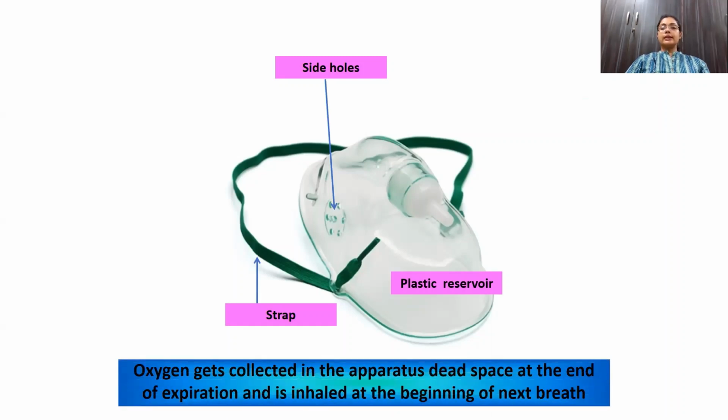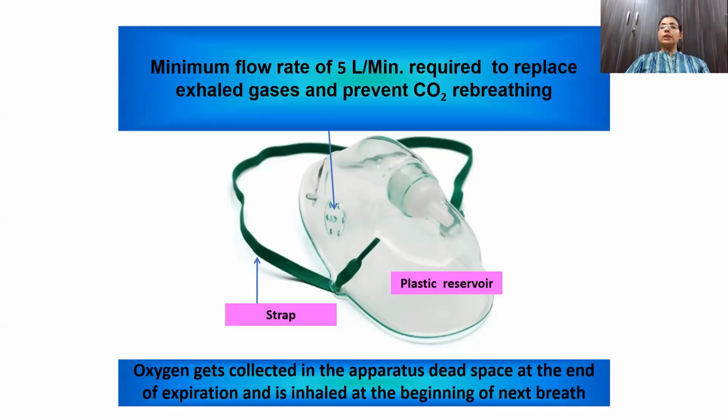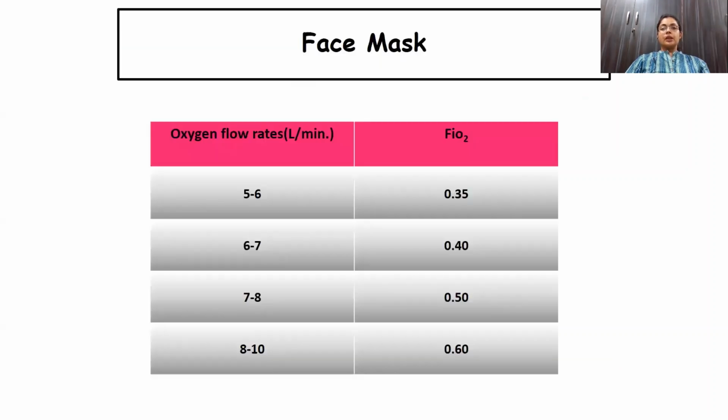The oxygen gets collected in the apparatus dead space at the end of expiration and is inhaled at the beginning of the next breath. So a minimum flow rate to compensate for this dead space gas is at least 5 liters per minute. So when you start it at 5 to 6 liters per minute, the delivered FiO2 is around 0.35.